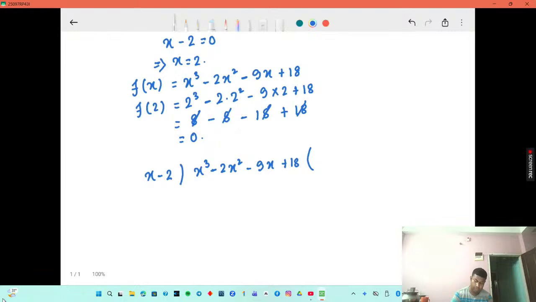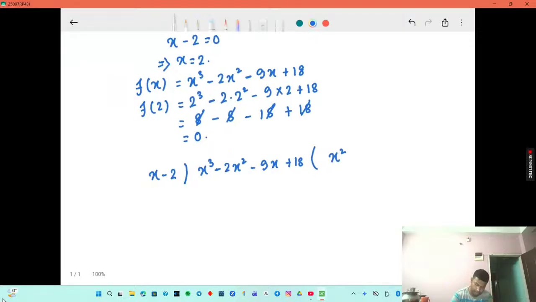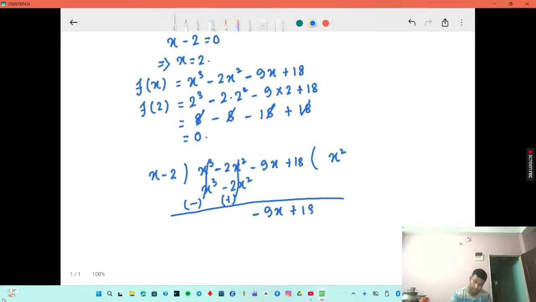We will multiply x minus 2 with x square. When we multiply x minus 2 with x square, we get x cube minus 2x square. So here minus will come and here plus will come. These two cancel, and after that we will write minus 9x plus 18.